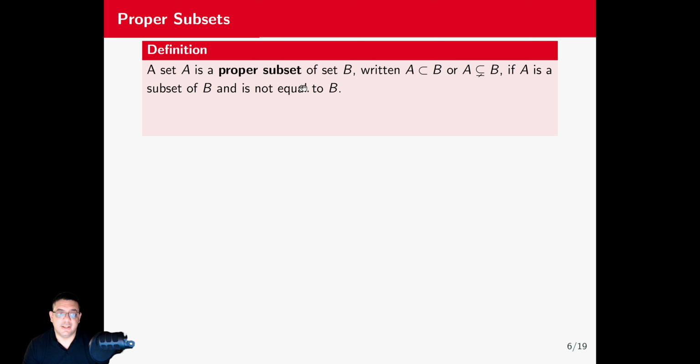A set A is a proper subset of B, written A ⊂ B, if A is a subset of B and it's not equal to B. Symbolically, that means that A ⊂ B is equivalent to A ⊆ B, but there is an x that belongs to B such that it's not in A.